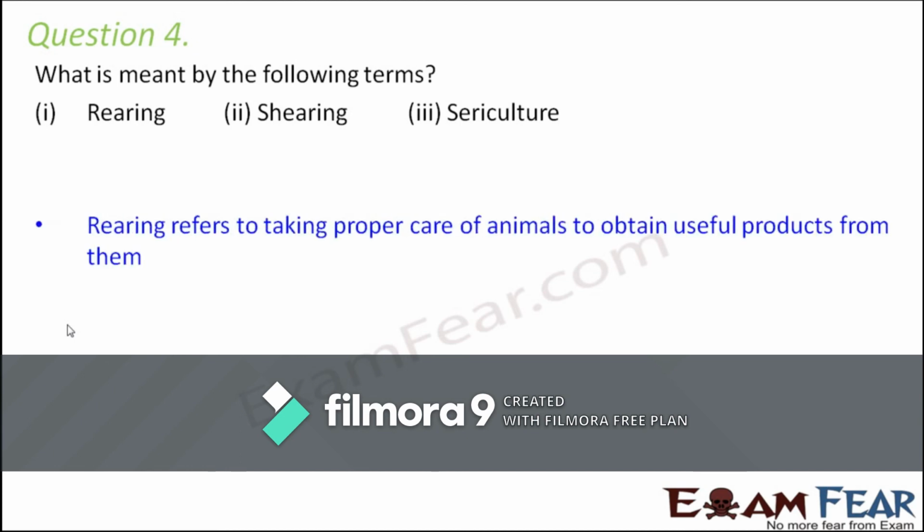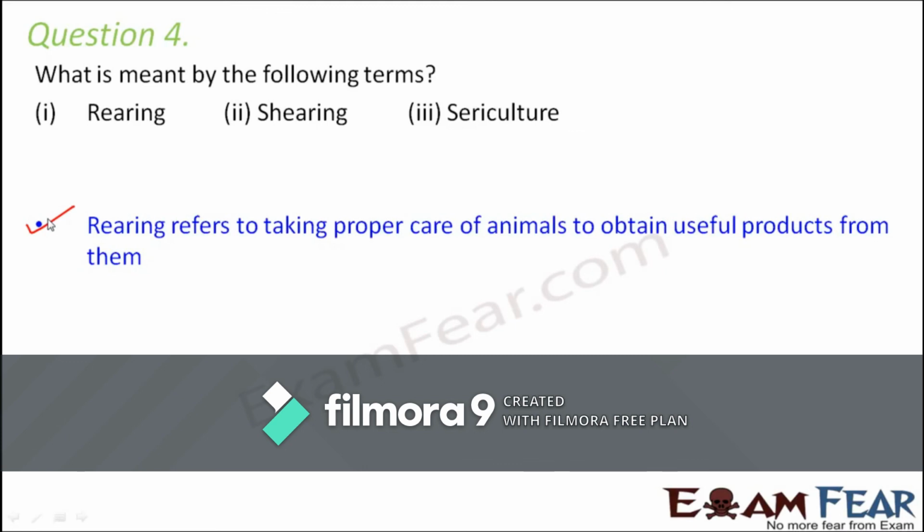Question number 4. What is meant by the following terms? Rearing, shearing, sericulture. So rearing is all about taking good care of animals to obtain useful products from them. Now whether you talk about animals like the cow, which provides us milk and so many milk products, it is important that we take care of the cow, only then it will be able to give us good quality milk.